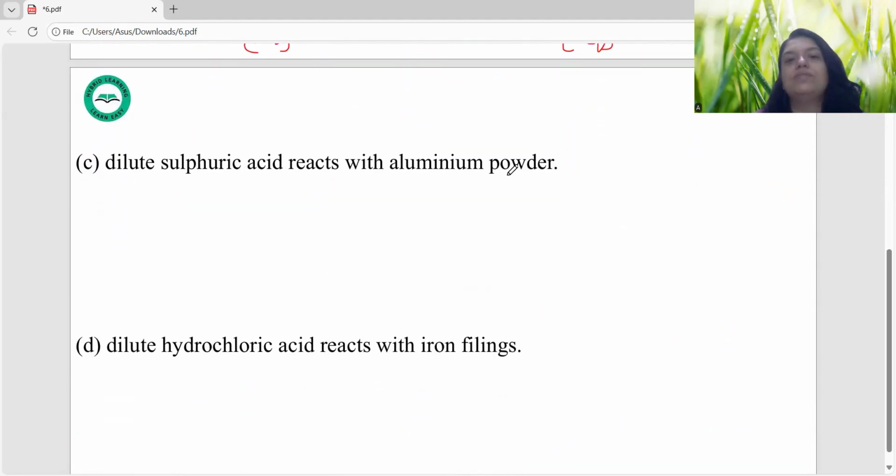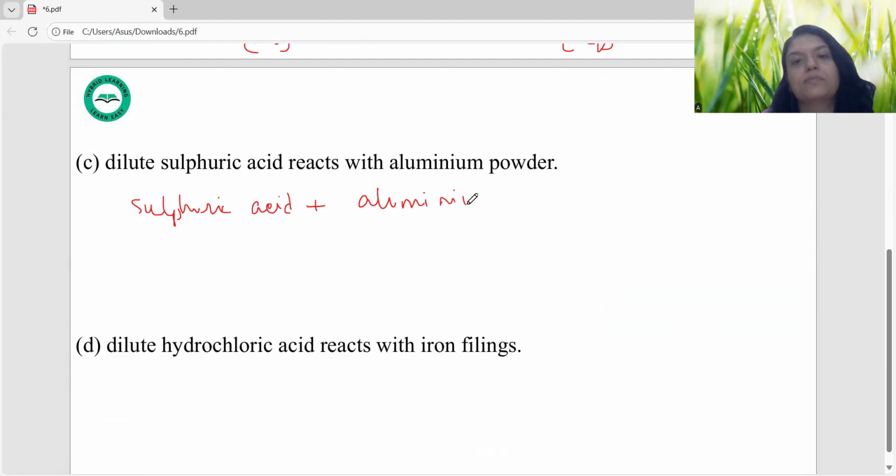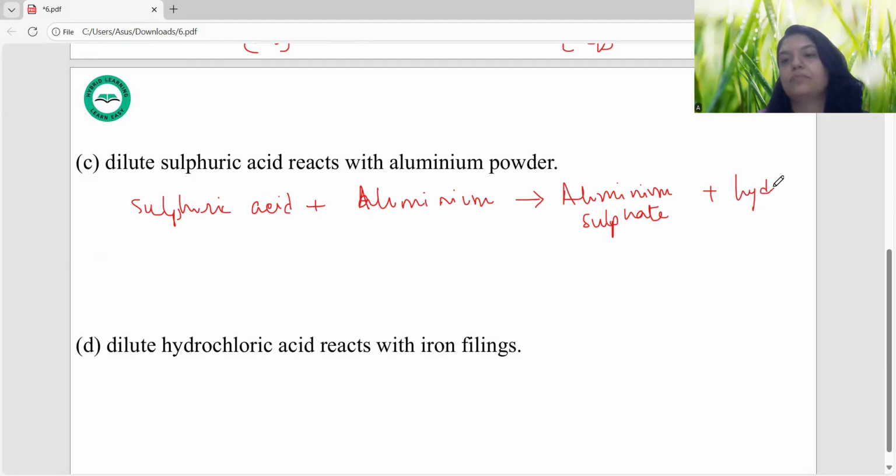Dilute sulfuric acid with aluminium powder, the same thing, the way you have written before. So you will write sulfuric acid plus aluminium gives aluminium sulfate plus hydrogen gas.